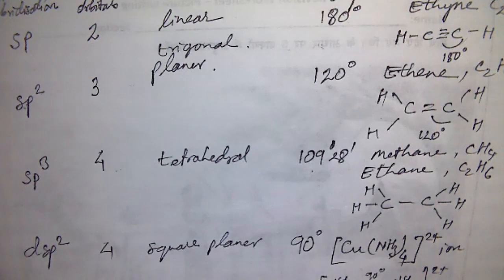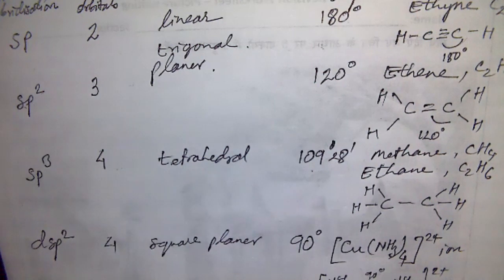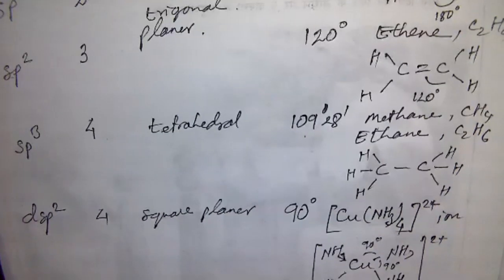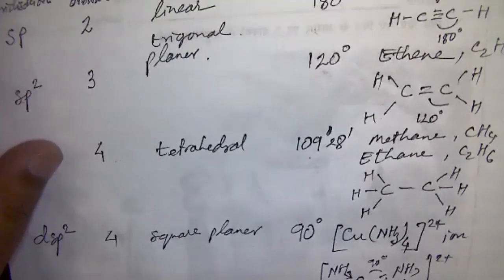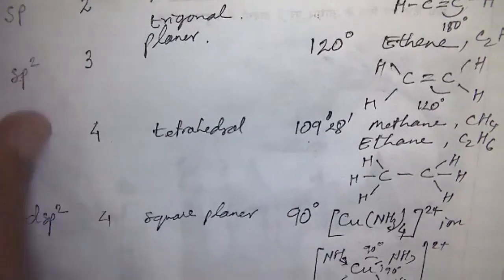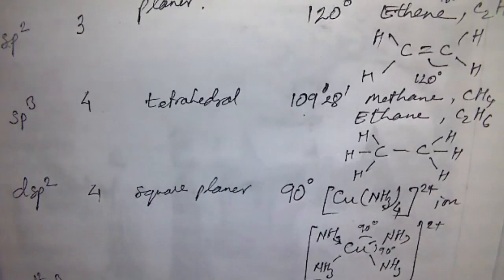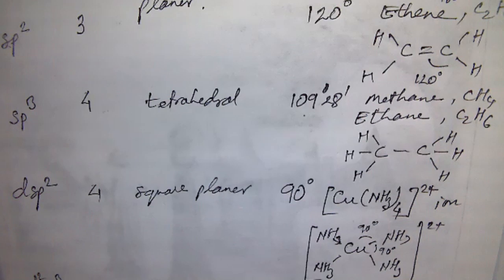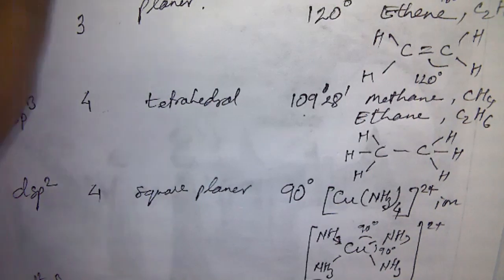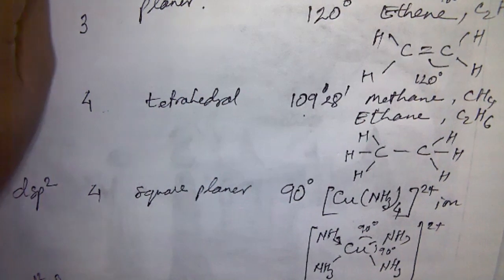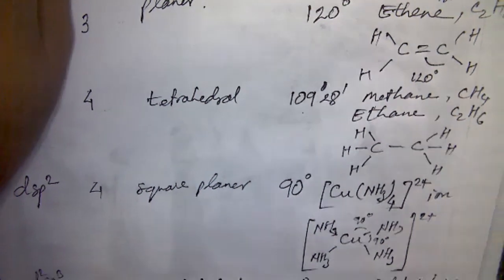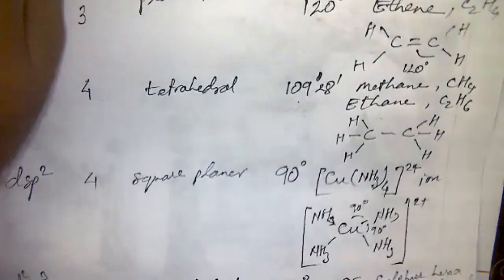Then d2sp3, oh no, before that we have done the other one, that is dsp2. dsp2 is also four, but that is square planar. The bond angle is 90 degrees. Copper tetraammonium, that is an example, isn't it?